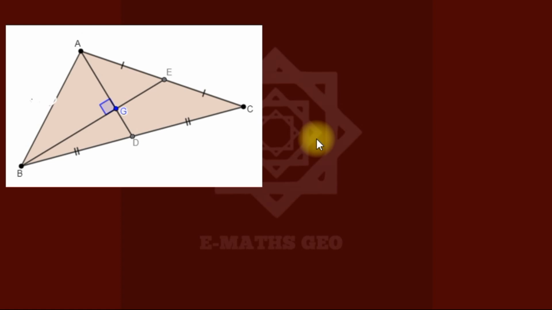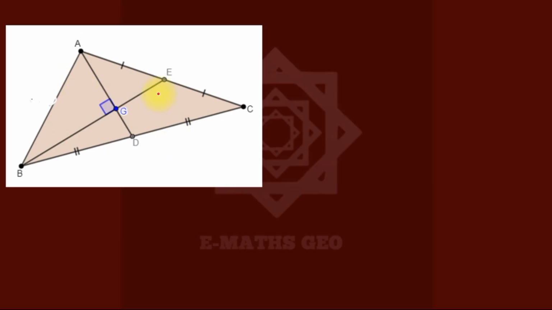Okay, as you can see, this diagram is similar to the one in the question. Since E is the midpoint of AC, and D is the midpoint of BC, we will use the mid-segment theorem, which says that whenever you are given the midpoints of two sides of a triangle, the segment joining them is half the length of the third side.